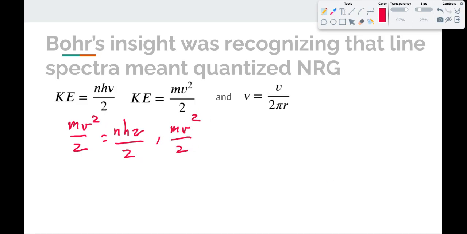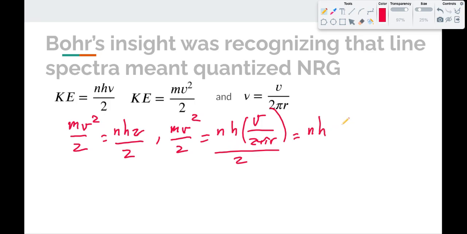So mv squared over 2 is equal to n times h times velocity over 2 times pi times r, divided by 2. And that could be simplified on the right-hand side there to n times h times velocity over 4 times pi times r. And remember, that's equal to mv squared over 2.